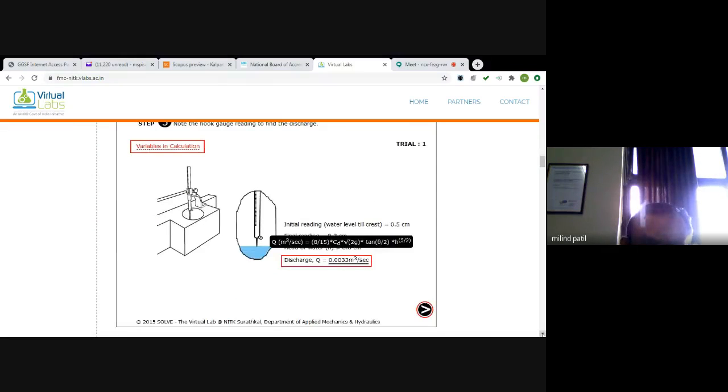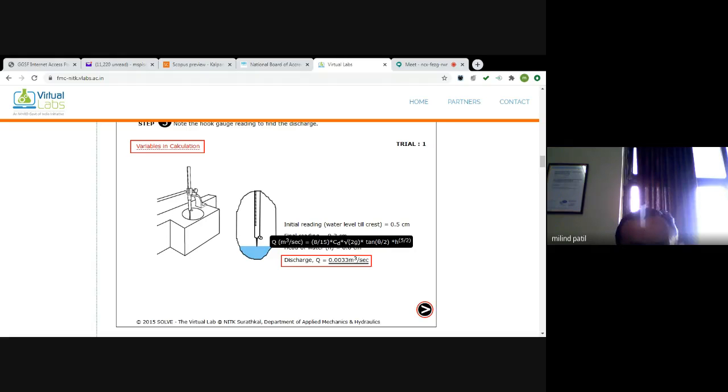Here now we have to measure the discharge. How can we measure the discharge? Simply using a Venturi meter. I can measure the discharge simply by using the equation 8 by 15 Cd under root 2g tan theta by 2 into H raised to 5 by 2, where Cd is the coefficient of discharge and it is generally constant, and here it is 0.6.